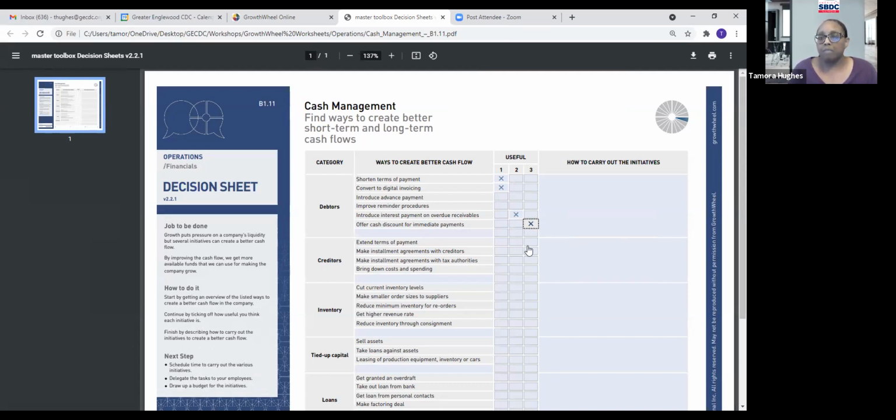Whatever the case may be, these are things to think about, or additional things to add, as relates to people that owe you. How will you carry out these initiatives? So, shorten terms of payment. That may be involved in your invoicing, so that when you're invoicing a person or a client, you're indicating the terms of the payment.